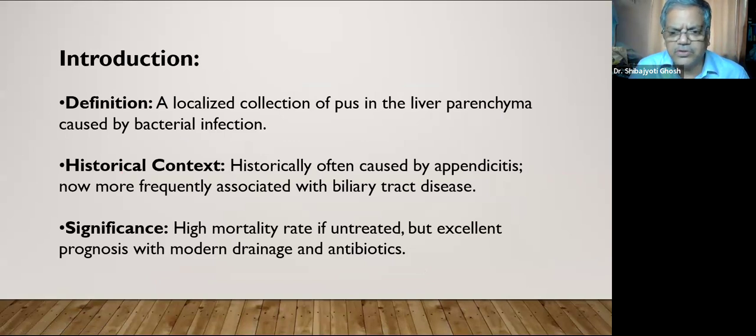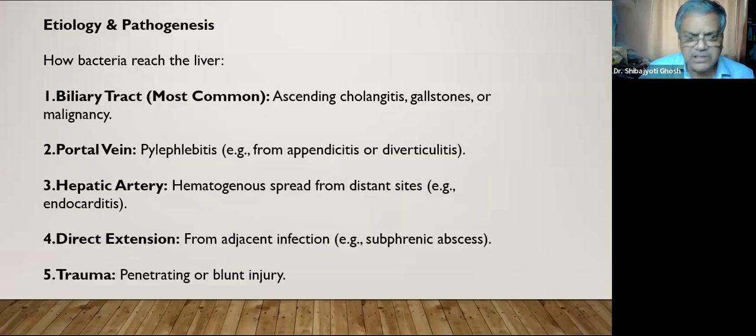Now it is most frequently associated with biliary tract disease, particularly various kinds of cholangitic abscess or infection of the biliary tree, cholangitis. These are the common causes, and it is a very emergent and maybe life-threatening condition if not detected and treated early. However, if it is detected and treated early with drainage and antibiotics, it has an excellent prognosis.